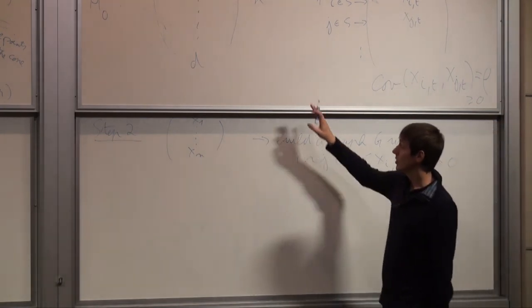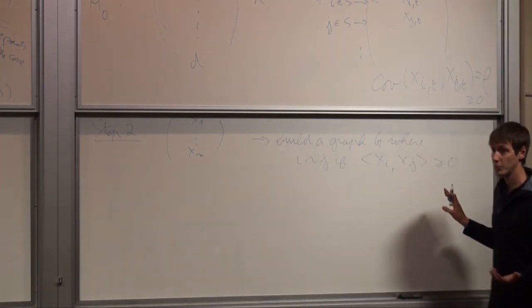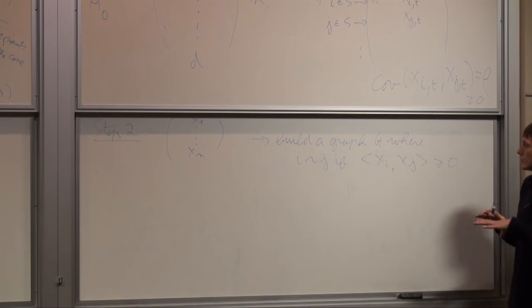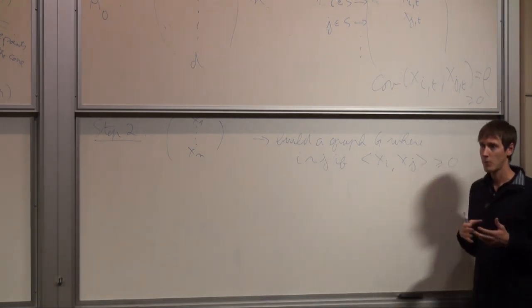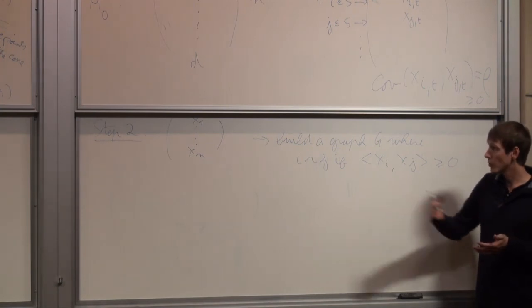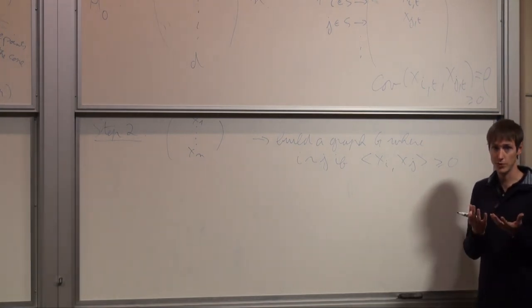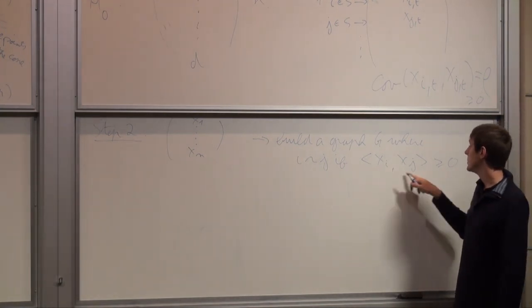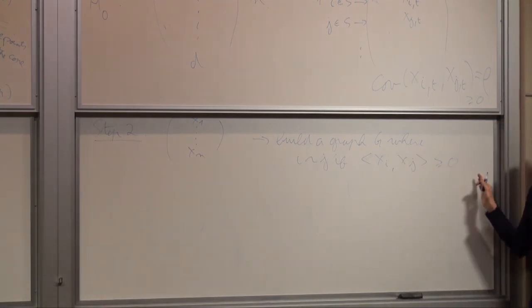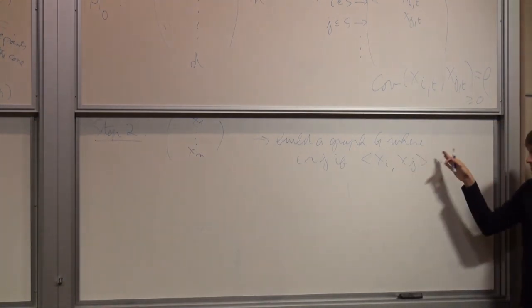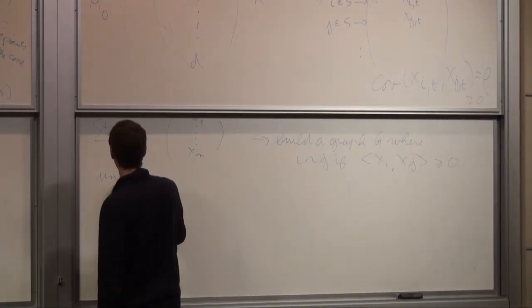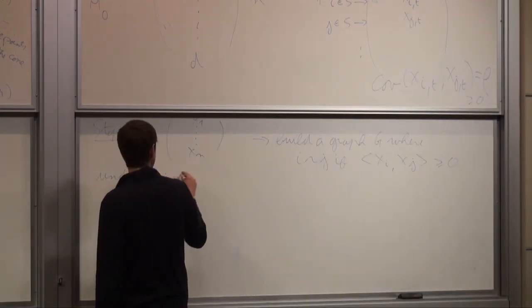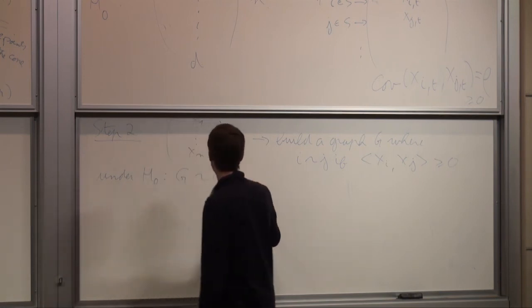So under the null, this is exactly a random geometric graph, right? Okay, so it's not uniform on the sphere, but I could renormalize, right? A Gaussian vector renormalized by its norm is uniform on the sphere. And here renormalizing is not going to change whether or not this is positive. So under H0, G behaves exactly as a G(n,d).